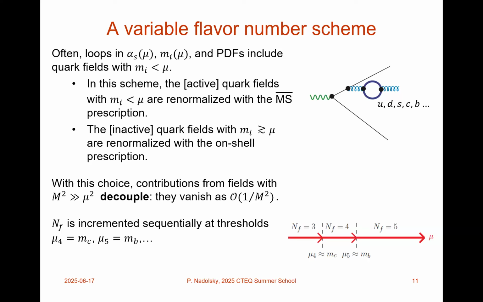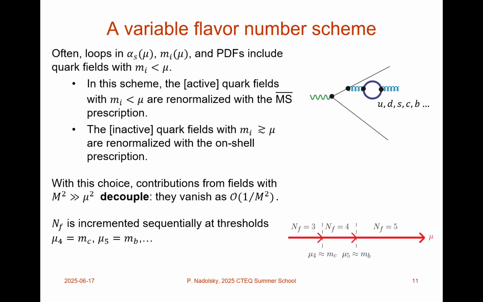And the choice of NF in the alpha S or running mass is basically set by this number NF of active flavors. Typically this works as follows. We look at the quarks with different masses, and suppose we have a scale mu. A typical scheme will tell you if the mass of the quark is smaller than the scale mu, we assume that this quark is renormalized in the MS bar scheme.